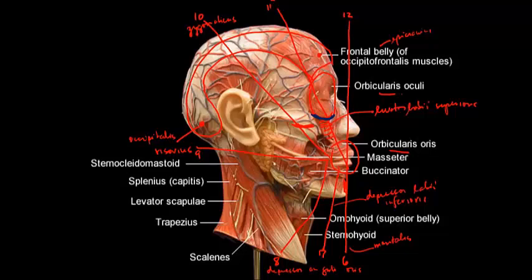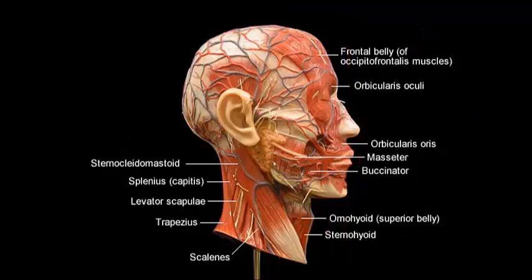All right, so let me remove all the writing so we can identify some more of the muscles. So, muscles of mastication, okay? The temporalis muscle, at the temporal bone. That's going to be your temporalis. And then another muscle of mastication called the masseter muscle, which is inserted at the mandibular angle.